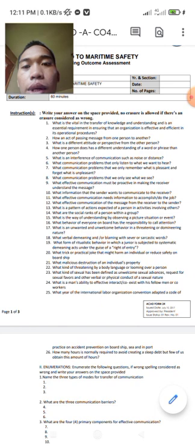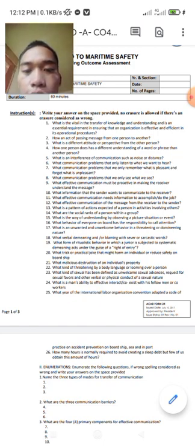It was feedback. Number 13, what is a pattern of actions expected of a person in activities involving others? The pattern of this is the role of the person in doing activities.